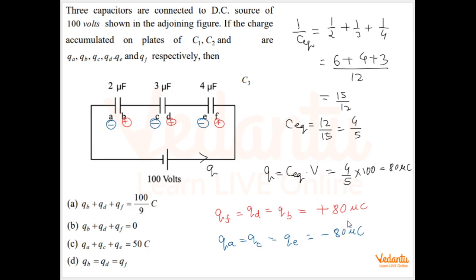The charges are the same, beta, because they are connected in series. So in this question, beta, only option D will be the correct answer. QB, QD and QF are the same, and their value, beta, will be equal to 80 microcoulombs.